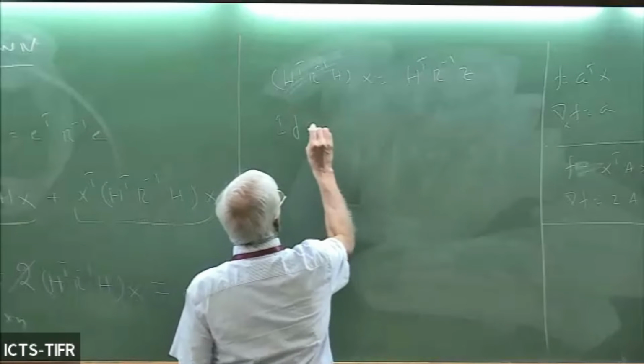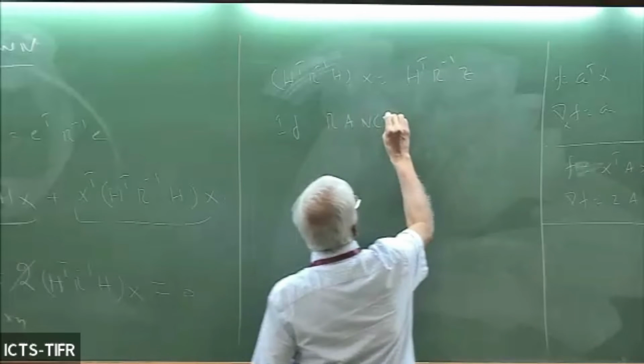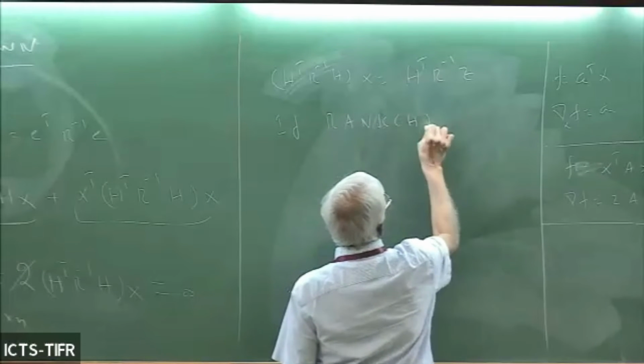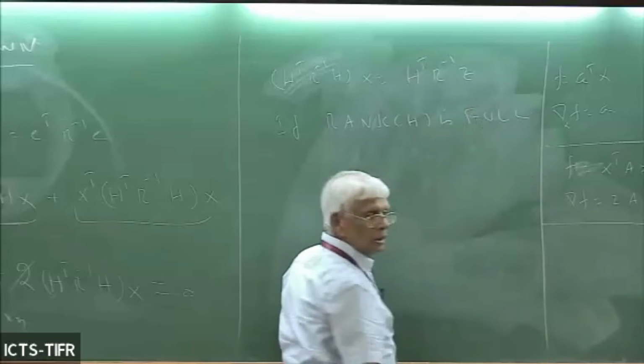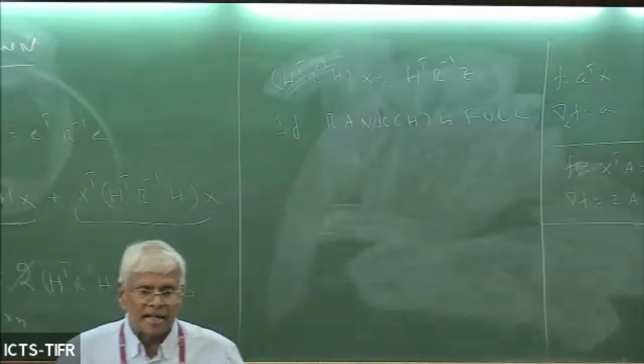So if H is full rank, okay, now look at this. R inverse exists only when R is non-singular. The covariance matrix R is assumed to be non-singular. So if the rank of H is full, again, this matrix will be full rank. What is meant by full? It is equal to the minimum of m and n.